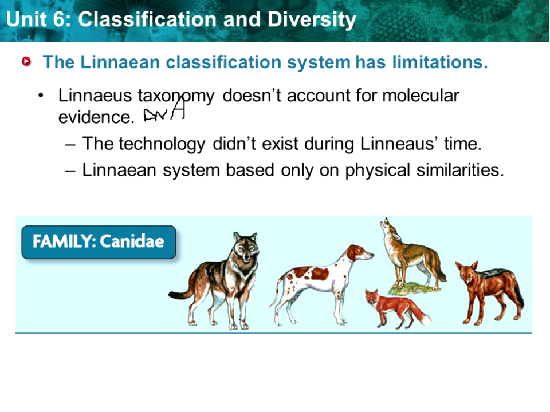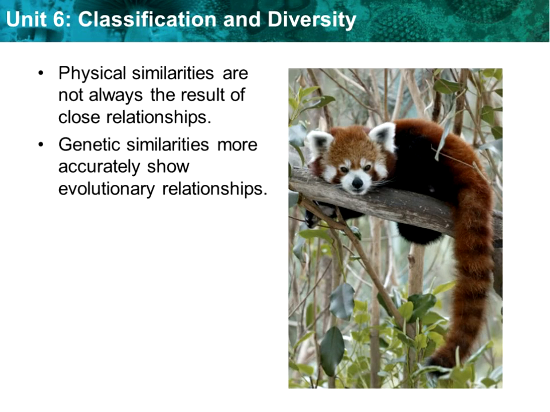They just group them together based on how they look, physical similarities. The technology just didn't exist. But we still use this system today, so it's obviously not that bad. The only bad thing about the Linnaean classification system is that it does not account for how closely things are related based on their DNA. The other one does.